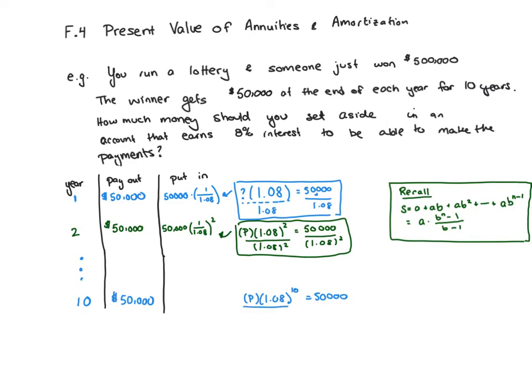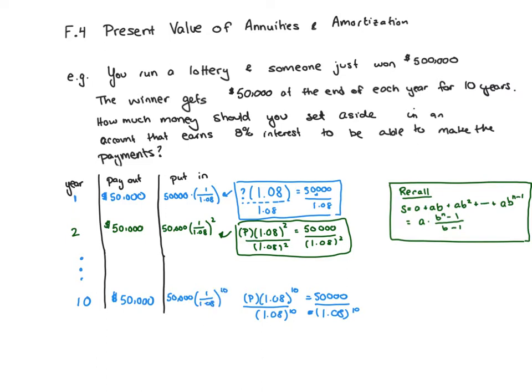So if I divide both sides by 1.08 to the 10th, I get that the amount I need to put in is 50,000 times 1 over 1.08 to the 10th.